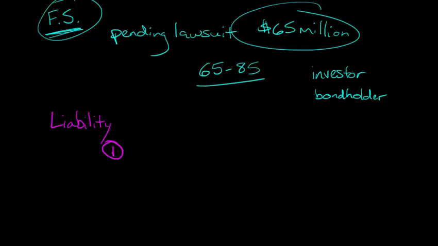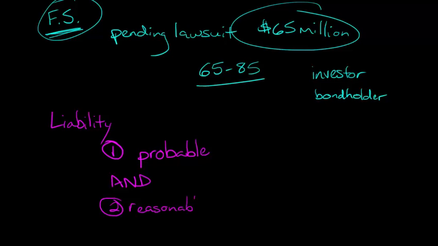So one is that this event, whatever it is, a lawsuit, whatever, the chance of incurring a liability has to be deemed probable. And this is a big and, it has to be reasonably estimable. You have to be able to come up with a reasonable figure for what this liability will be.